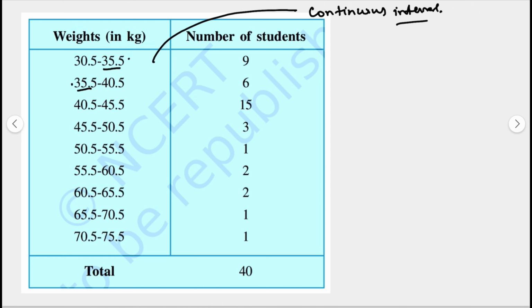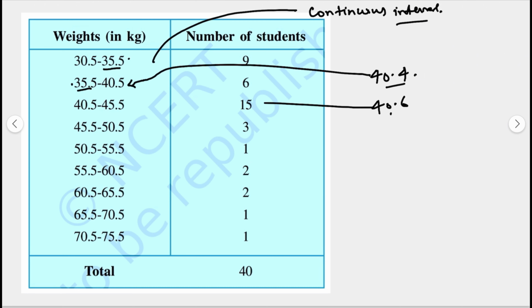Earlier we had two numbers, 40.4 and 40.6. Now you can clearly say that this 40.4 is lying in this interval, as it is included up to 40.5, so it is less than 40.5 and will be in the second interval, while this 40.6 will be in the third one because it's starting after 40.5.